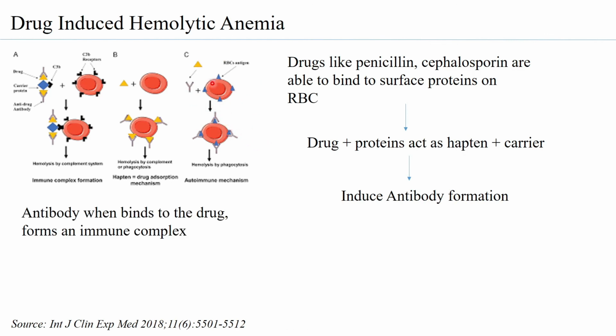With the antibody formation, the antibody can come and bind to these RBCs, and then, of course, you can have destruction of the RBCs happening. That is important and has been observed in many drug-related hemolysis cases. Effectively, there is generally complement activation, and because of that the person suffers from hemolytic anemia.